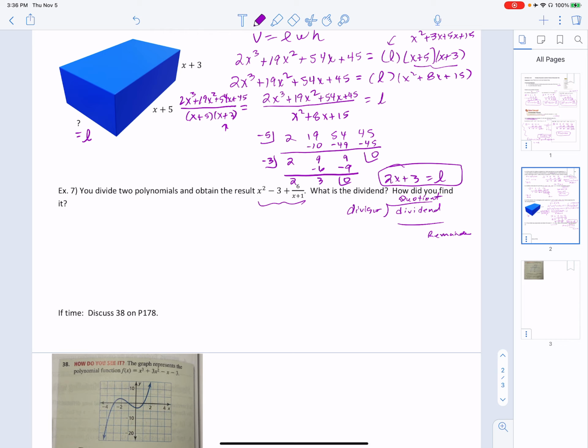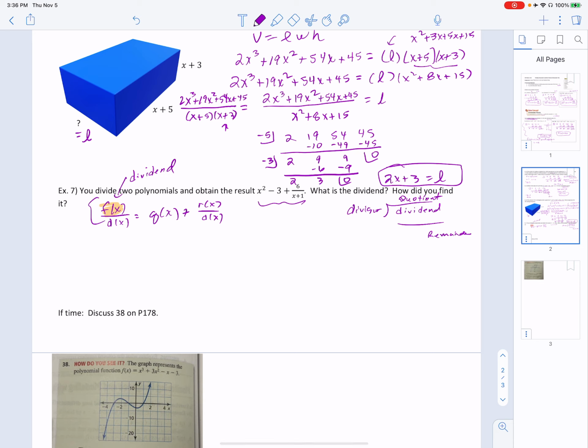And so if you take a polynomial and you divide it by something, it becomes the quotient plus the remainder over the divisor. And so it is this that we are trying to find. That is your dividend. It was what goes underneath the division sign.